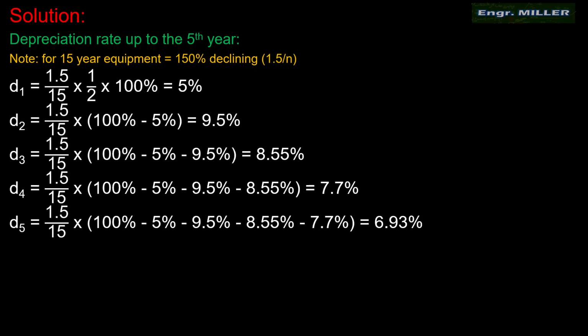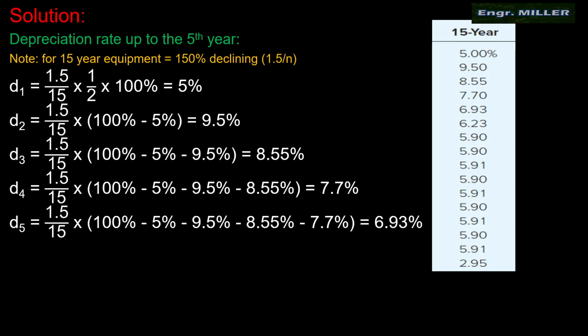Now, when we say book value, ang book value ay yung halaga niya after na maibawas lahat ng depreciation. So, pag hinahanap natin yung book value natin, basically, i-compute natin lahat ng total depreciation na nag-accumulate natin sa first 5 years.